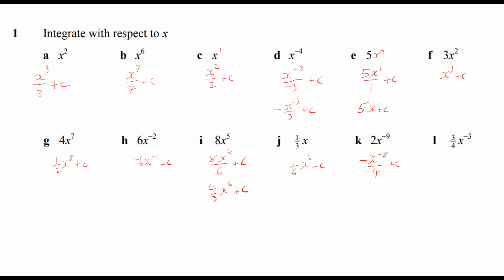And lastly, I'll just go through this a little bit more slowly. We have 3/4 x to the minus 2 divided by minus 2. Now, 3/4 divided by minus 2 is the same as 3/4 multiplied by minus a half, which is going to become minus 3/8. So we just get minus 3/8 x to the minus 2 plus c.